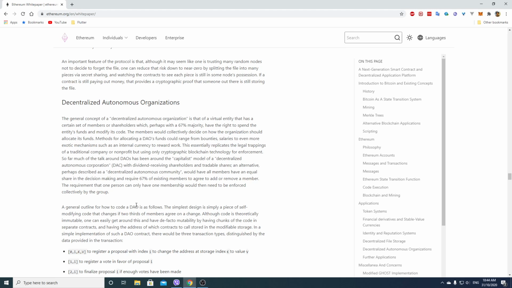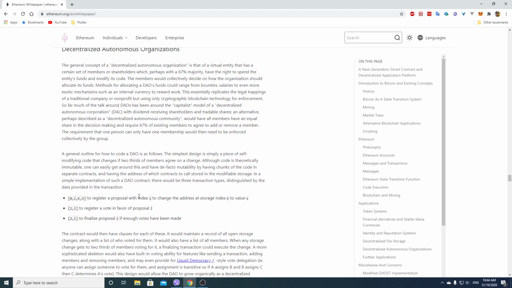The requirement that one person can only have one membership would then need to be enforced collectively by the group. Okay, I see the stuff, but I don't see how you do the last requirement, because anybody can create an address. Okay, let's see how they solve that problem.